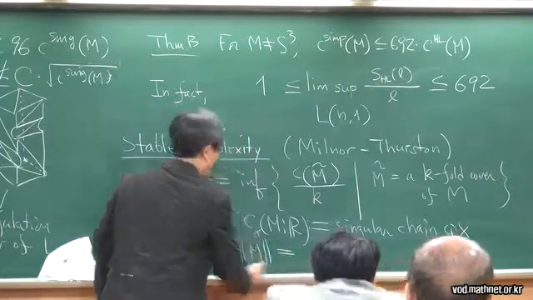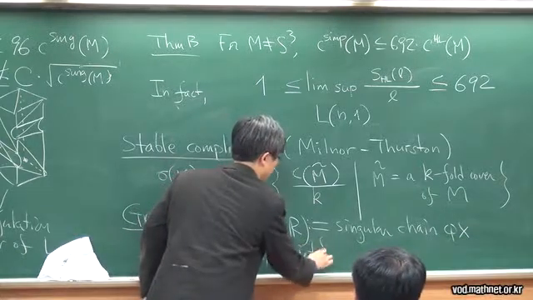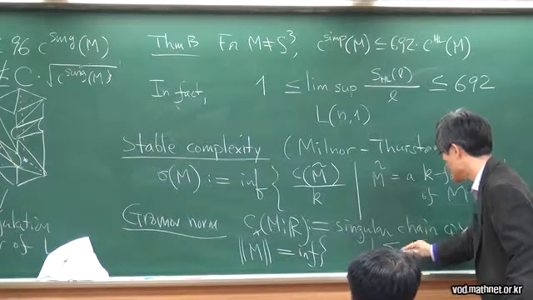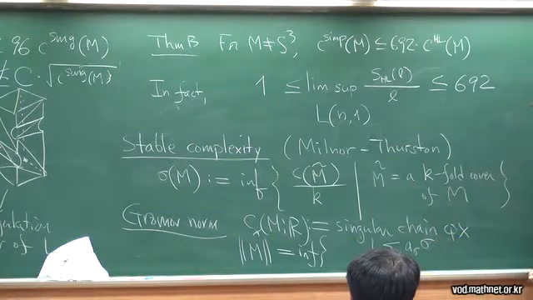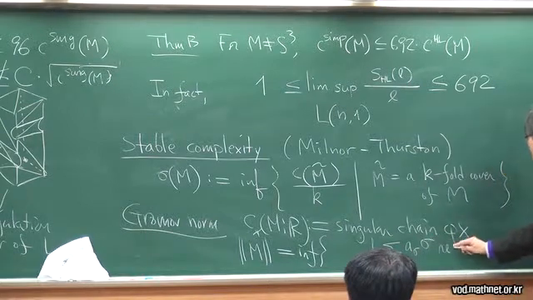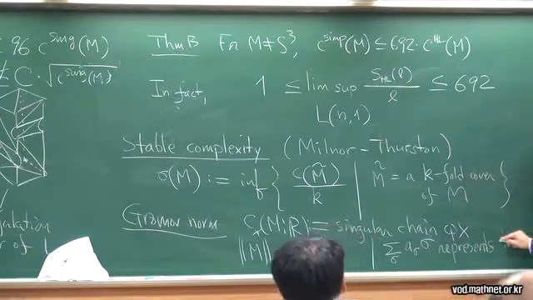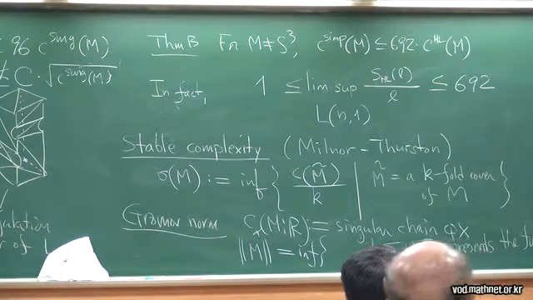Then the Gromov norm of M is defined to be the infimum taken over chains. A chain can be written as a linear combination of singular simplices, where sigma is a singular simplex. I'm going to look at chains which represent the fundamental class of M. All right?